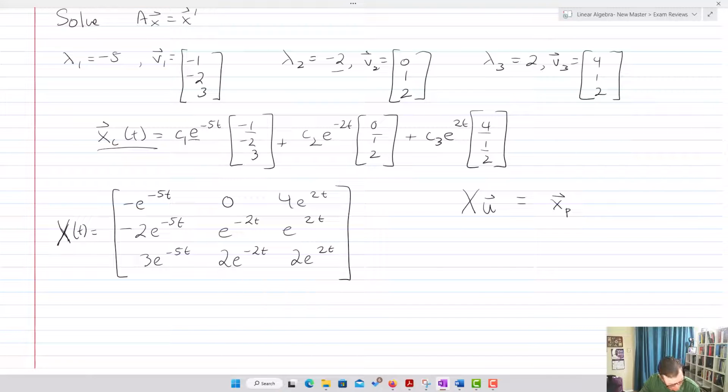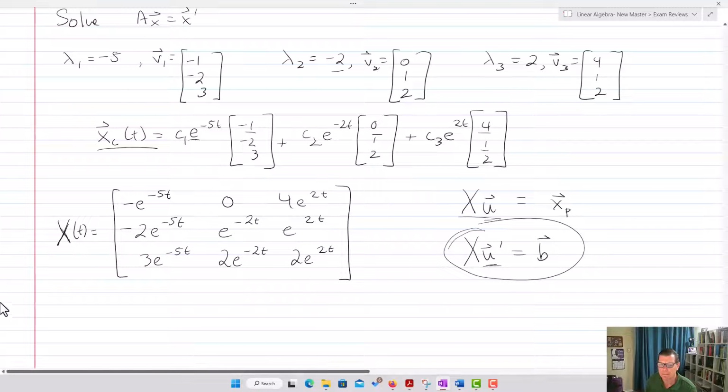And we also know that X u prime is going to equal b. So our job here is to figure out what u prime is. Then we take the integral of u prime, and it's going to give me u. I multiply that by X, and I get xp.